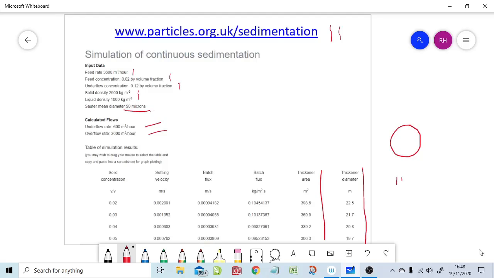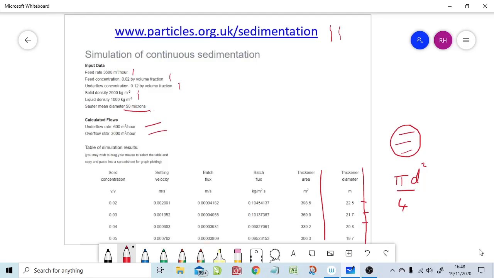So the area is pi d squared over 4. Okay, that's the area there. Clearly we're rearranging from the thickener area, pi d squared over 4, to get the thickener diameter, and then the software is simply looking to see which is the largest area.